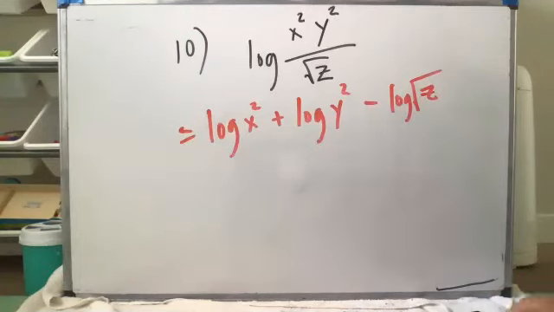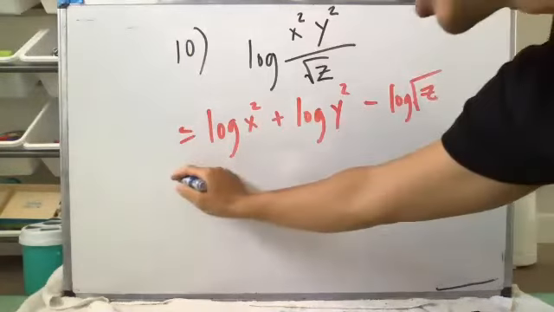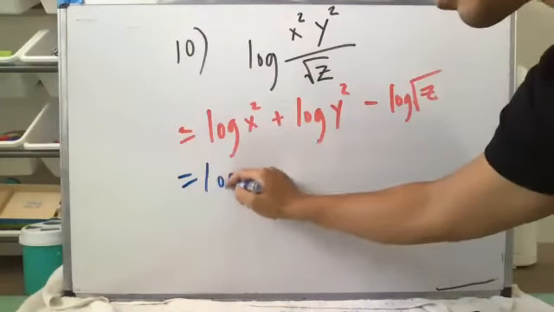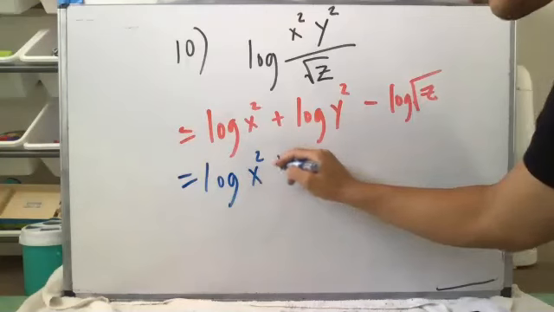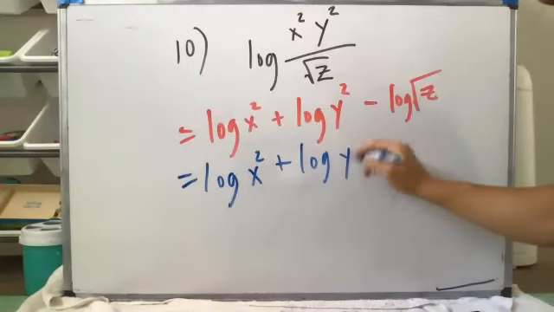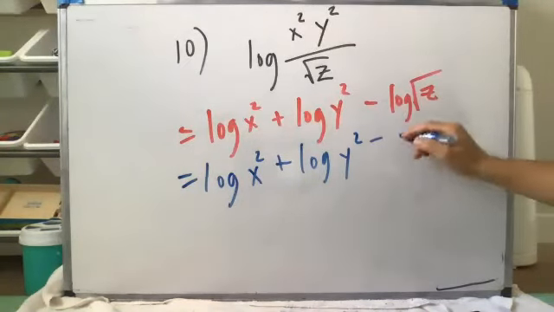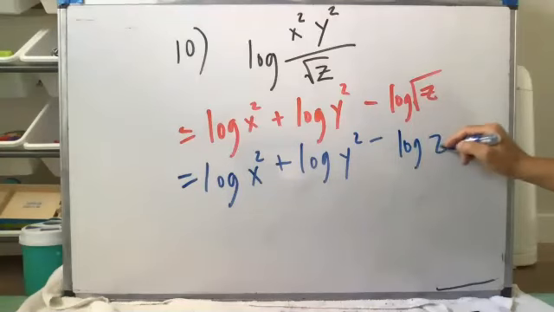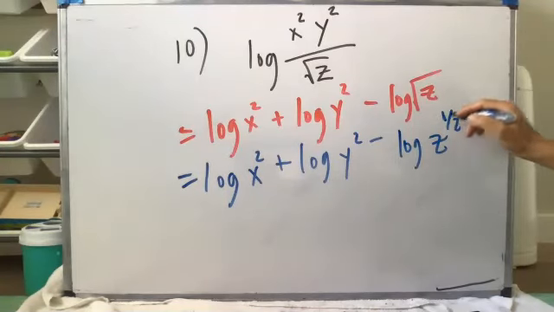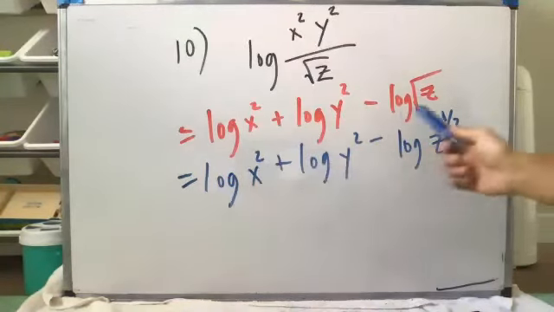Okay, but I'm going to take one more extra step to change square root of z to a half power instead, right? Because square root is really just z to the half power, right? I'm almost done. Last thing is just to pull the exponents out.